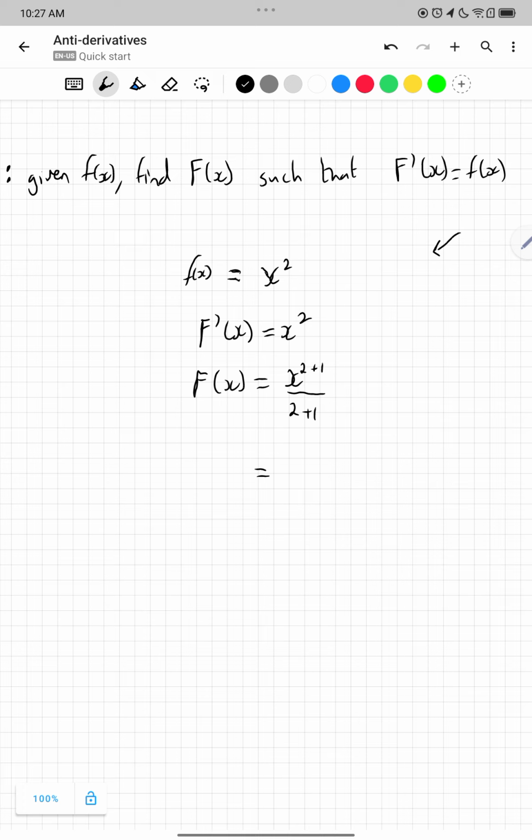So basically we'll have 1 over 3 times x cubed.